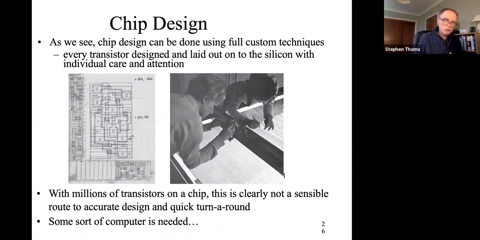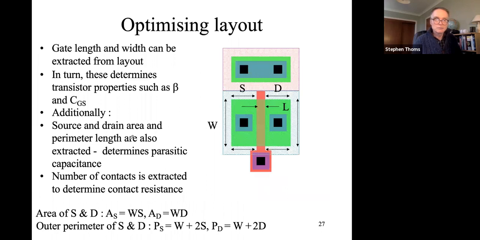For blocks which are used a lot, it's still worth taking the trouble to look at them carefully and make sure the computer hasn't done something stupid, make sure it's going to work, but also, can we see some optimization which the computer didn't see? So that's the sort of thing where human input is still required.